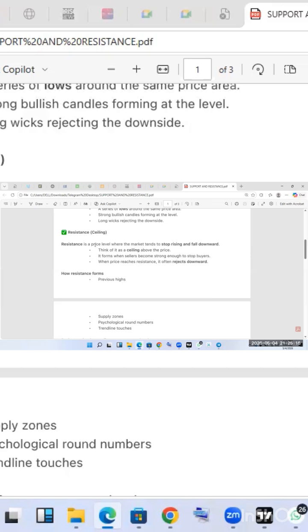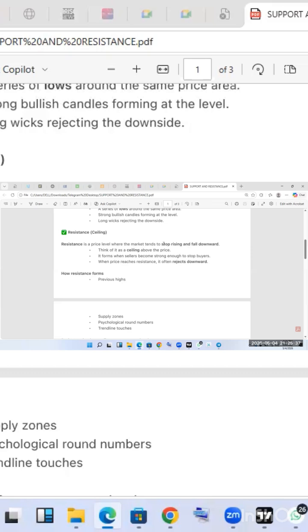Resistance is a price level where the market tends to stop rising and fall down. Here, in resistance, sellers are in charge at this point because it's at the top. When you are trading, you want to buy from support and sell at resistance.